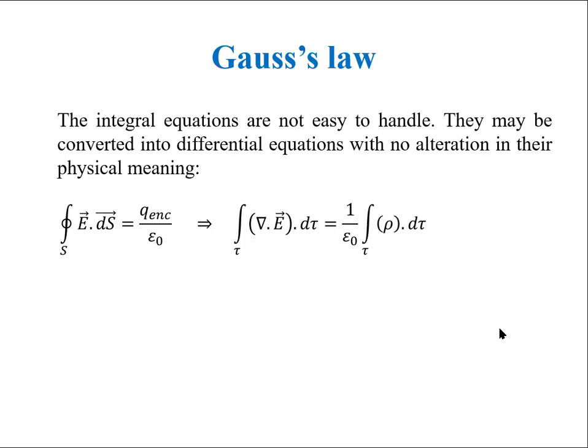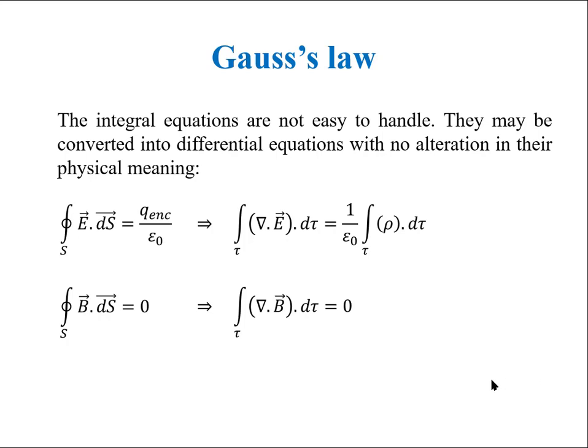The similar operation can be done in magnetostatics also, but as the magnetic field lines are closed, if a magnetic flux line is exiting the closed surface, it will return definitely to give vanishing outward magnetic flux in the given closed surface. It is written like this, and the closed surface integral of magnetic field can be converted into volume integral of divergence of magnetic field, like we have done in case of electrostatics.